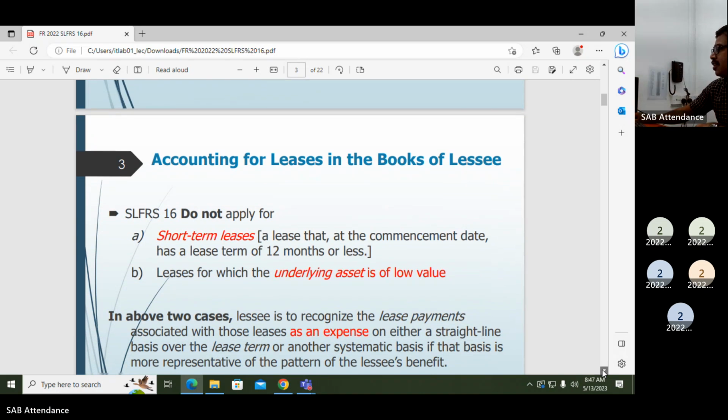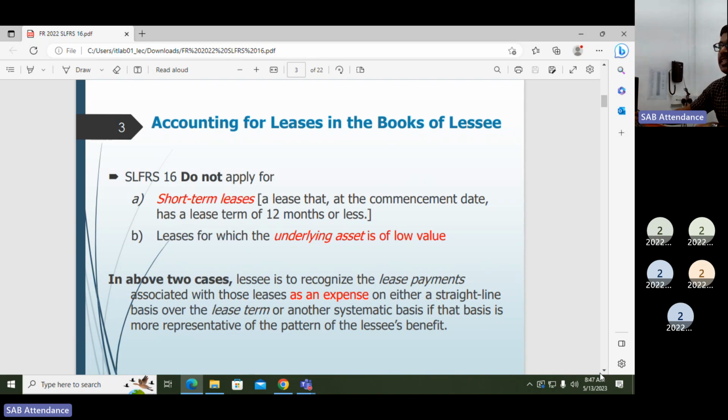Then we have SLFRS 16, the applicable standard for leases. But this SLFRS 16 does not apply to short-term leases. Short-term lease means a lease period of less than 12 months.